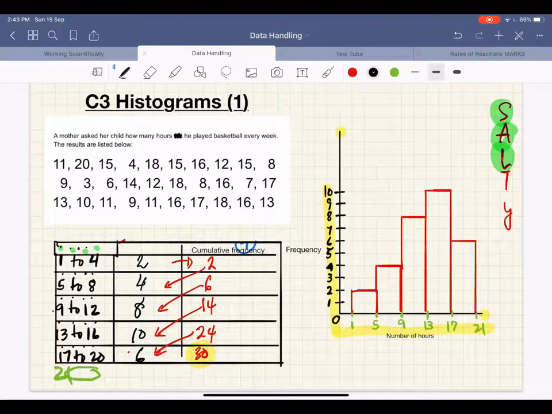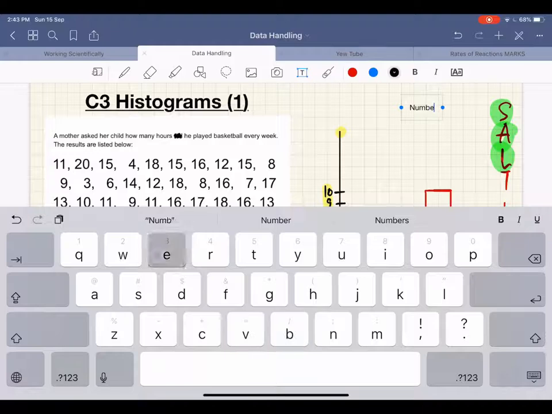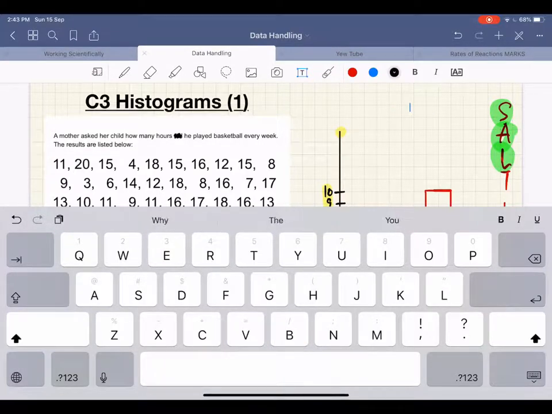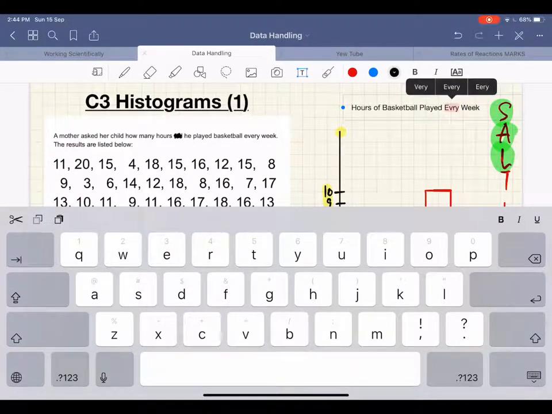So what would be a good title? We can say number of hours of basketball played every week.